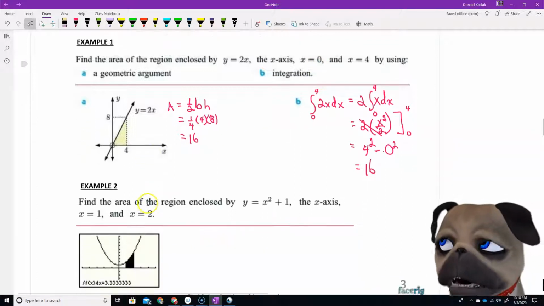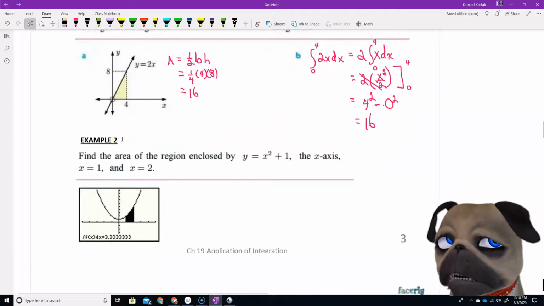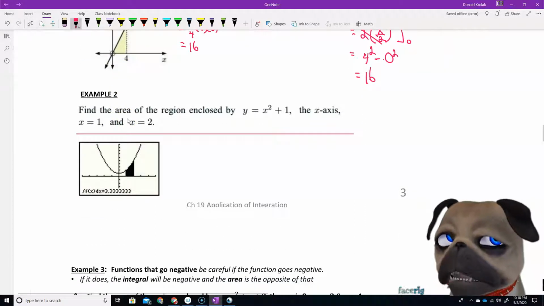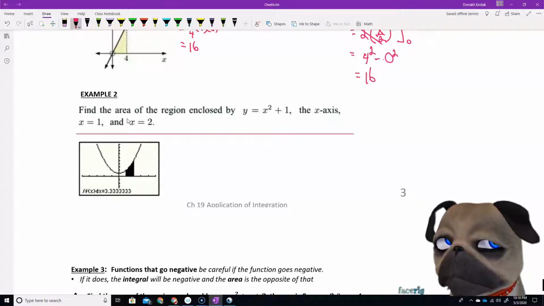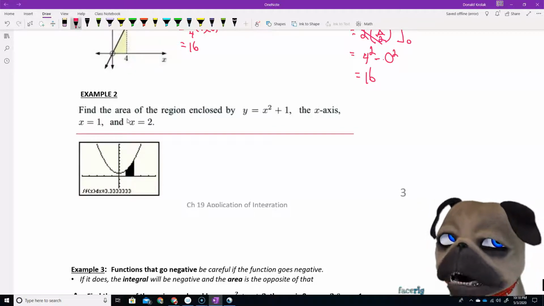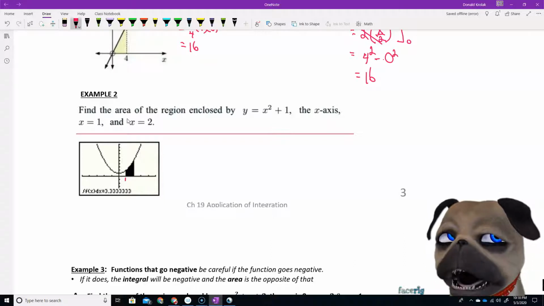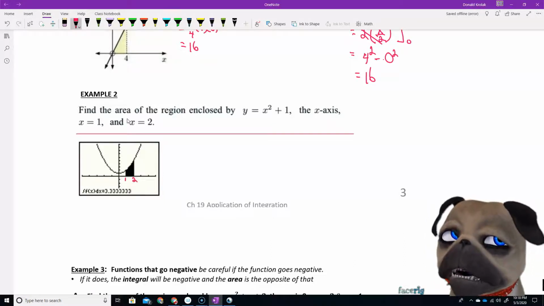But a lot of times the area that we get between the curve and the x-axis isn't a nice geometric figure. In this case, we have a parabola, and we want to find the area that is bounded by the parabola on the top, the x-axis on the bottom, x equals 1 on the left, and x equals 2 on the right.